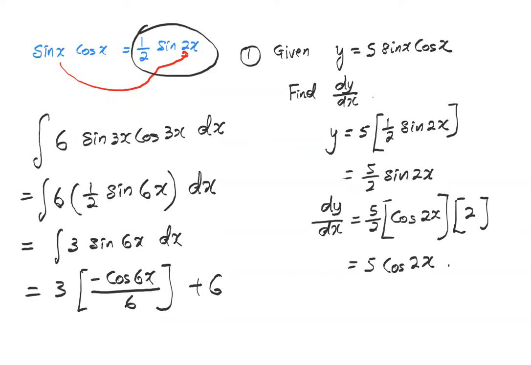Am I right? So another double angle formula is concerning the cos. So I know that cos square x minus sin square x is equal to cos 2x.